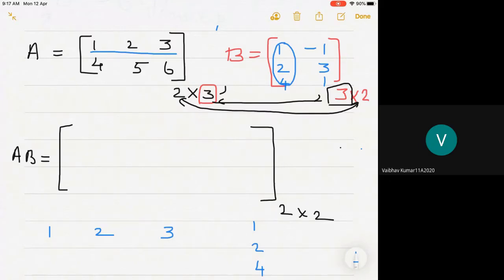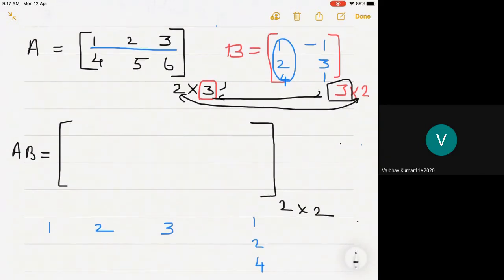Always remember that from the first matrix we consider the rows, and from the second matrix we consider the columns. So I am taking the first row from the first matrix and the first column from the second matrix. Now you have to multiply and add.